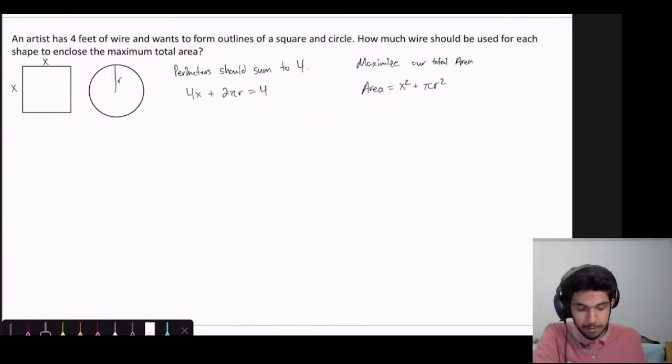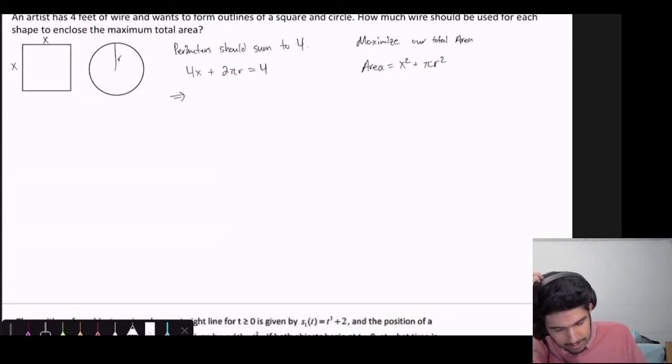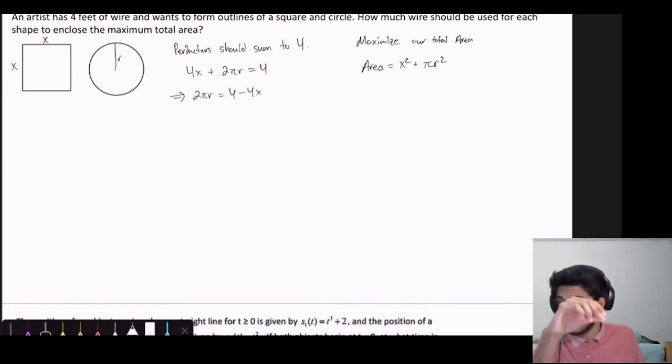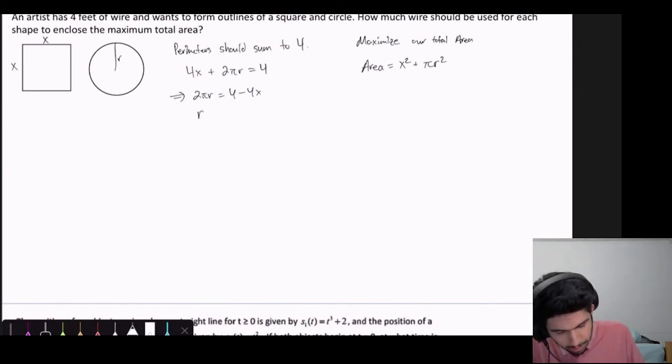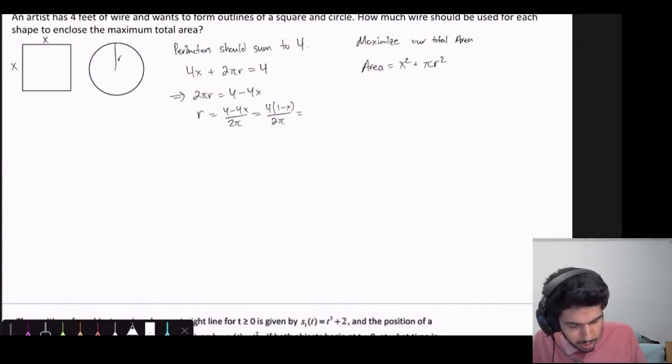We want to take the derivative of that, but we have it in terms of two variables. So we're going to make a substitution. We can choose our variable. I'm going to isolate r, and we see that 2 pi r equals 4 minus 4x, so r equals (4 minus 4x) over 2 pi. With a little factoring, this is equal to 2 over pi times (1 minus x).